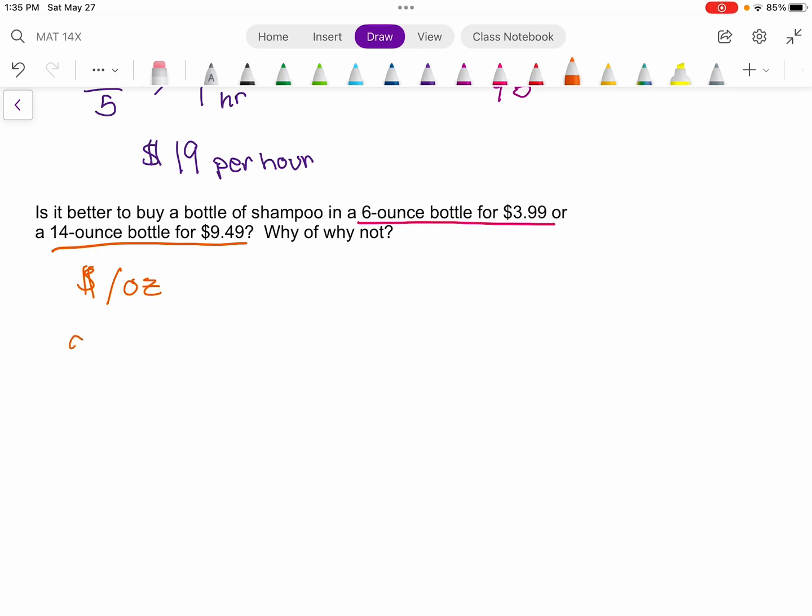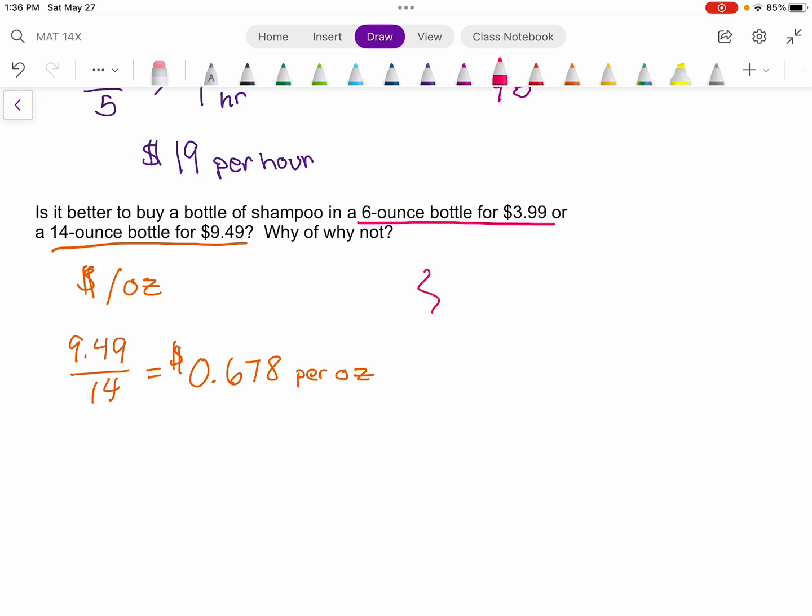So I'd take that $9.49 and divide it by 14. I would find out that this is going to cost me about 0.678. I know normally with money, we'd round to the nearest hundredth, but I'm going to keep that extra decimal place just in case these are super close. So it's like a fraction of a penny there. That would be dollars per ounce for the 14-ounce bottle.